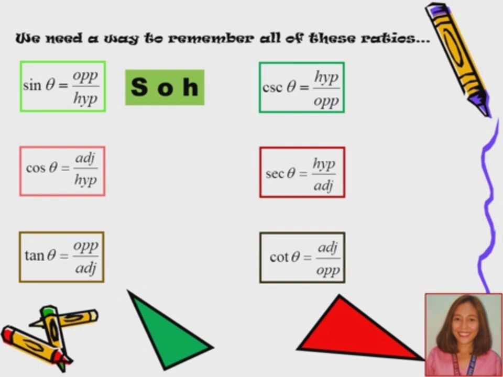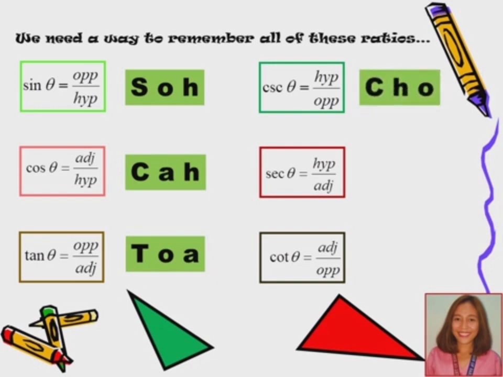Next is cosine. It will be called CAH. C stands for cos, A stands for adjacent, and H stands for hypotenuse. Next is tangent. It will be called TOA, where T stands for tan, O for opposite, A for adjacent.